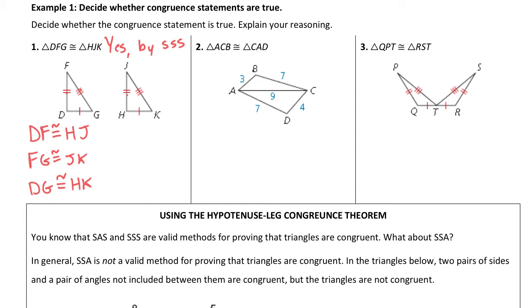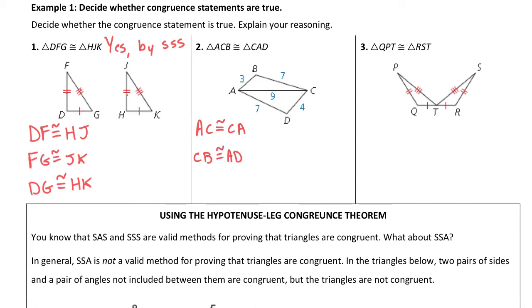For number 2, ACB, CAD. So the first thing I would ask myself is, is AC congruent to CA? Which is kind of funky, but if we look at the side with 9 as its length, that's true. Now let's look at CB and AD.